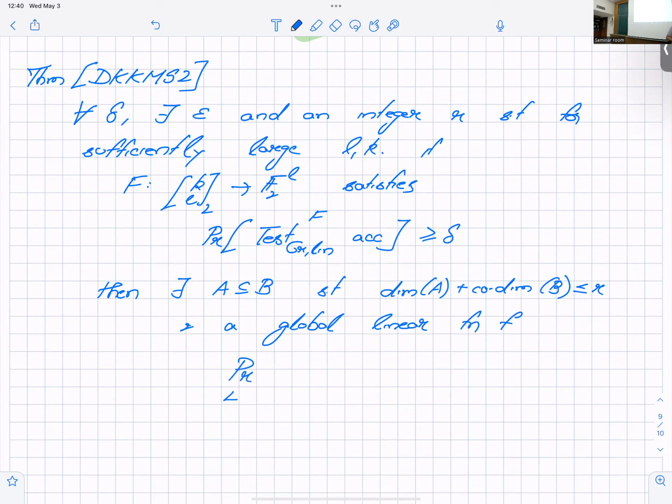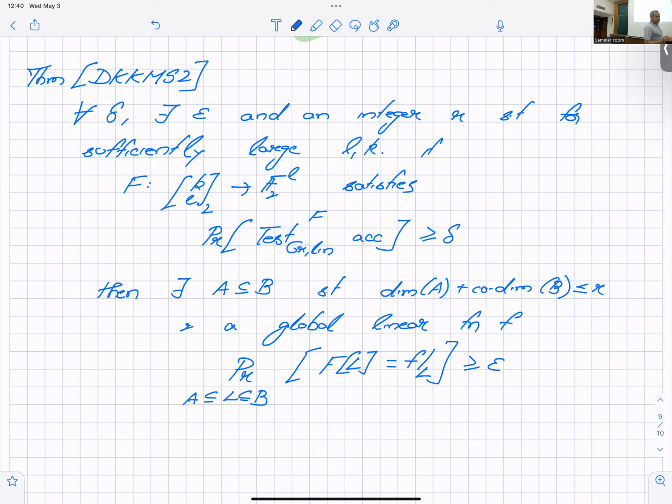Now I'm not going to pick an L completely. What I would like to show is the following. F restricted to L is, this is at least epsilon. I won't be able to prove this for arbitrary L, but if I pick an L in A and B, I'll be able to.